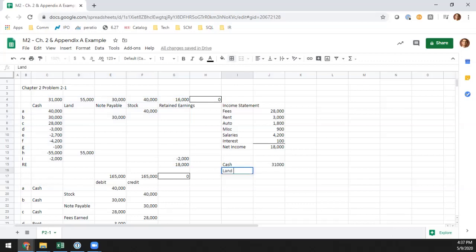We have land of $55,000. We have a note payable of $30,000. We have stock of $40,000. And we have retained earnings, $16,000.